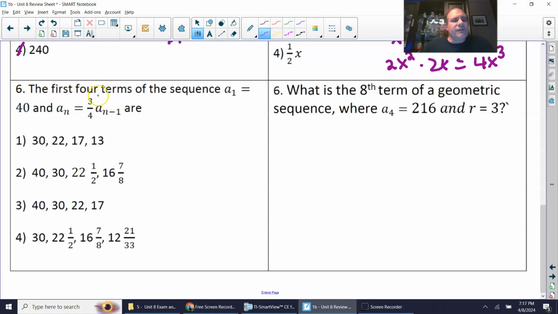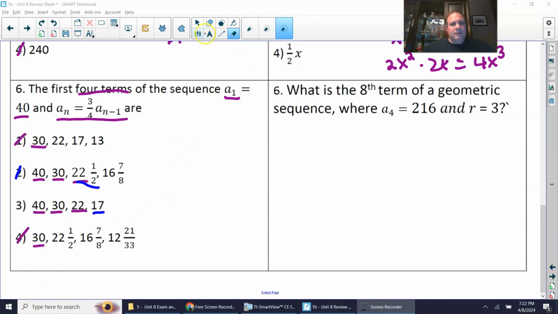All right, so the first 4 terms in this sequence: a sub 1 equals 40, and then a sub n equals 3 over 4 times a sub n minus 1. All we're going to do right here is substitute.